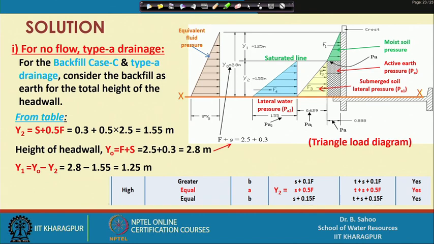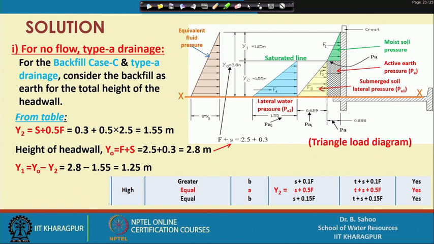Then you can estimate the total force from this. Here you can see that there are different forces acting, F1, F2, F3, F4, and the question was that you have to estimate the total lateral pressure forces in terms of equivalent fluid pressure.